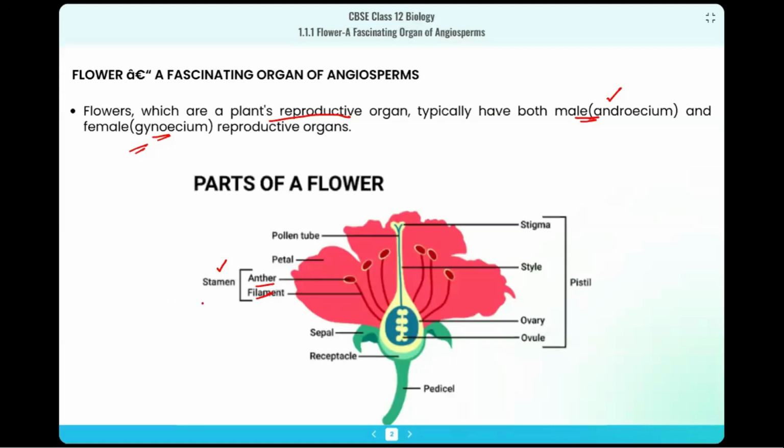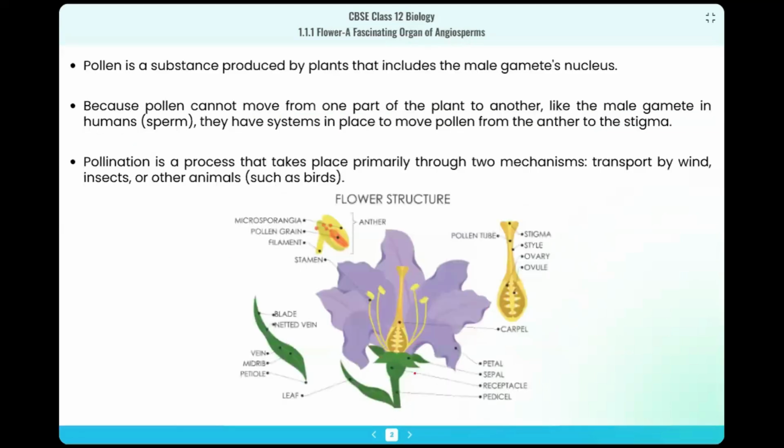That is the male reproductive organ, the androecium, and the female reproductive organ is the pistil, which consists of the stigma, style, ovary, and the ovule. The other parts are the pollen tube, which arises from the stigma, the petals, the sepals, the receptacle, as well as the pedicel. Now, moving to the next slide.